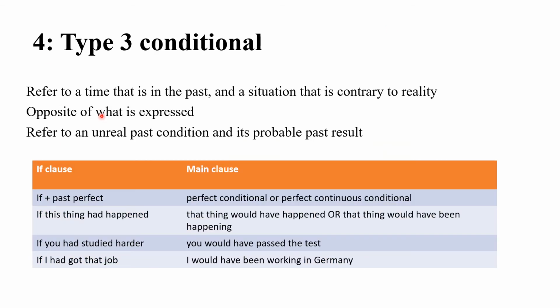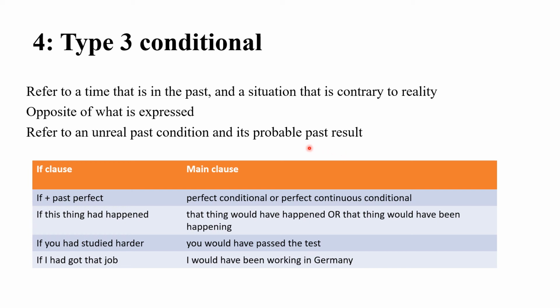Let's have the fourth type of conditional, which is the type 3 conditional. The type 3 conditional is usually used to refer to a time that is in the past and the situation is contrary to reality. The facts are opposite to what is expressed. The type 3 conditional is used to refer to unreal past conditions and their probable past results.